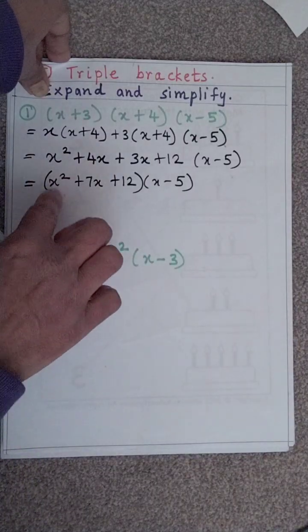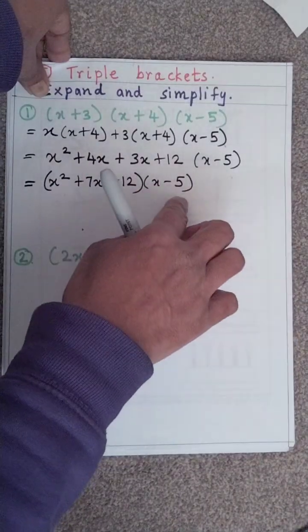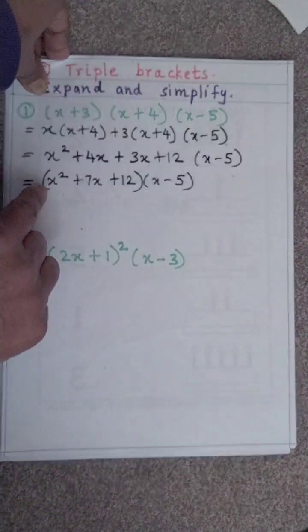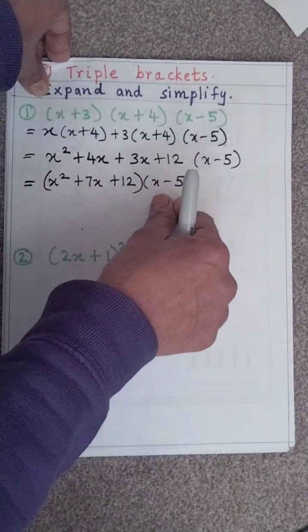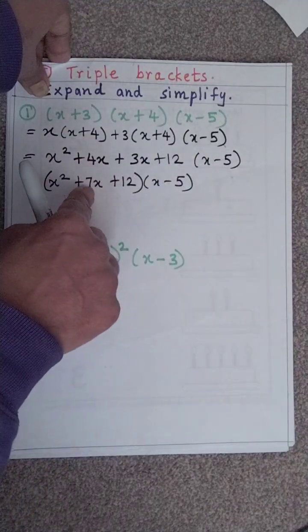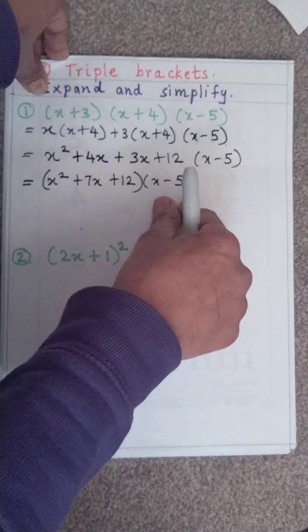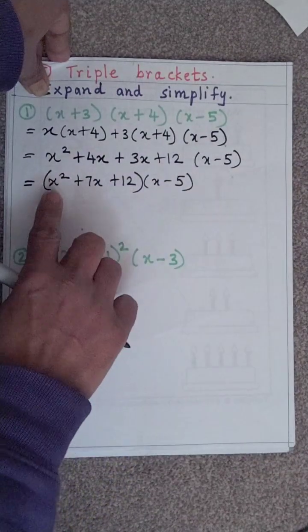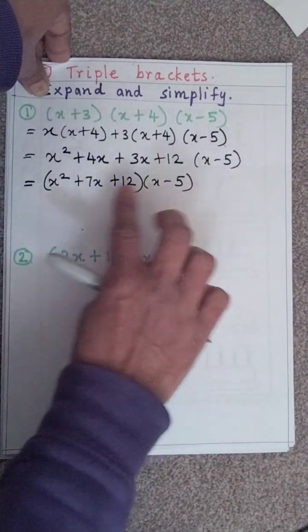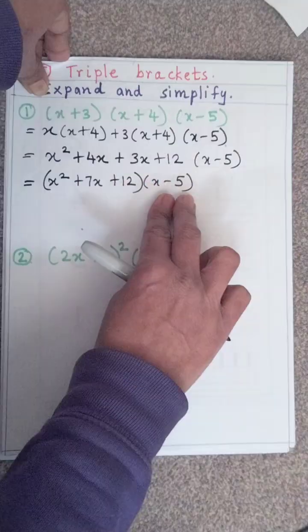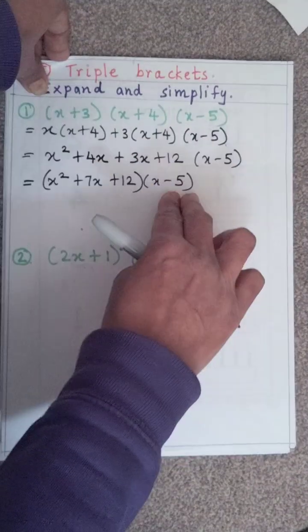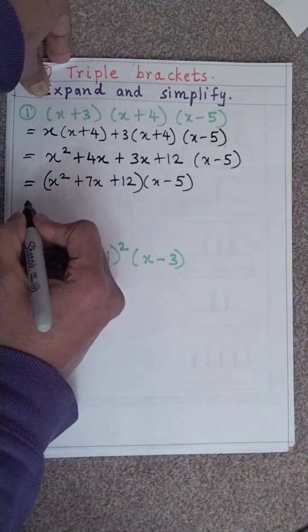Okay, so I will put this now in a bracket. Now there are 3 terms here and there are 2 terms here, okay, so we take the first term here, multiply by these 2 terms, then we take the second term, multiply by these 2 terms, then we take the third term and multiply by these 2 terms, easy.